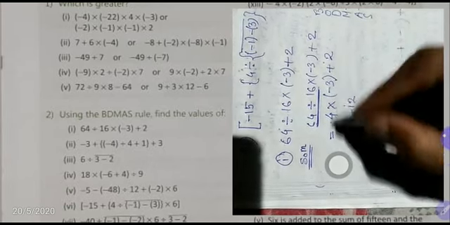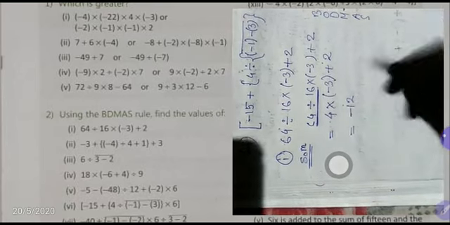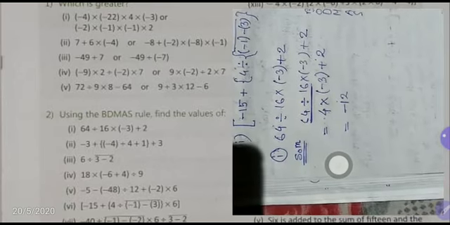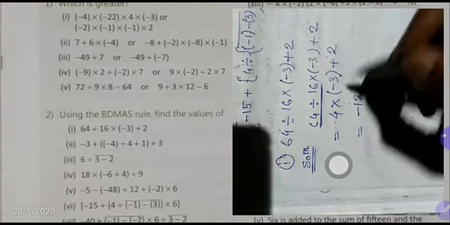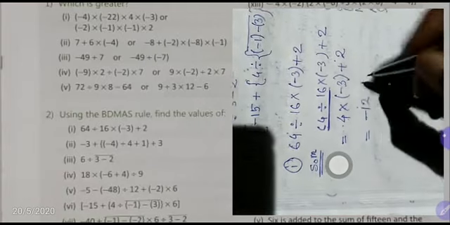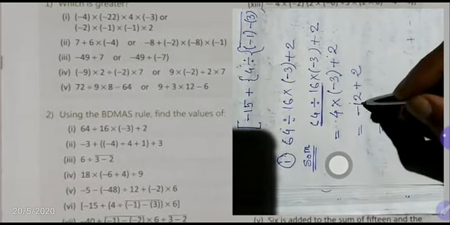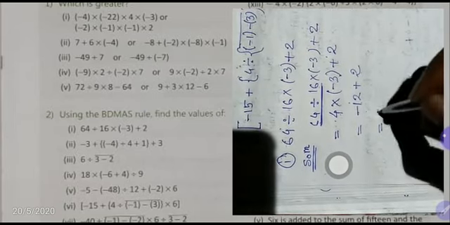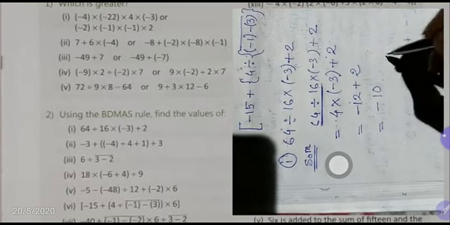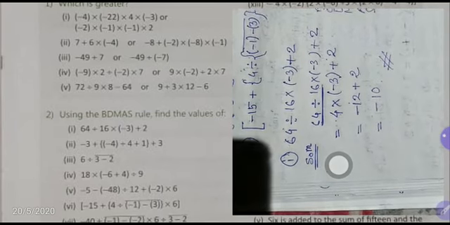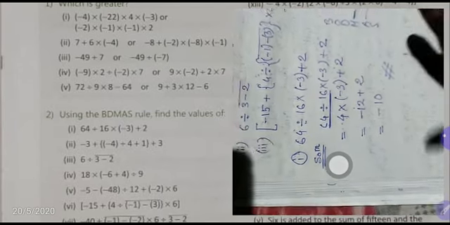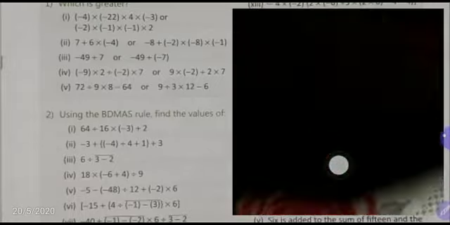Plus into minus is minus, the multiplication property of integers we learned earlier. And this is plus 2. That means minus 12 plus 2, that means minus 10. Like this we have to simplify. Okay, so next example you see here.